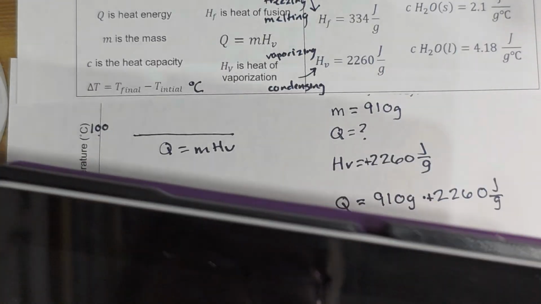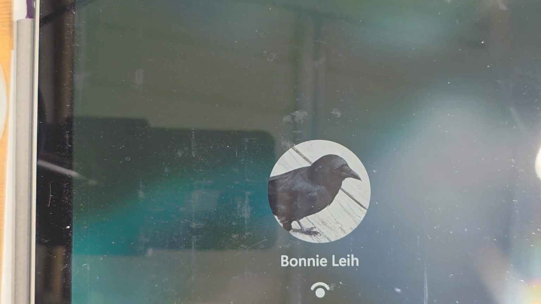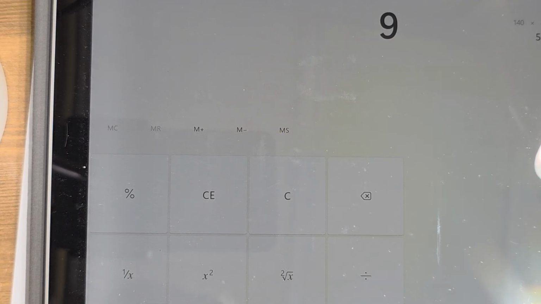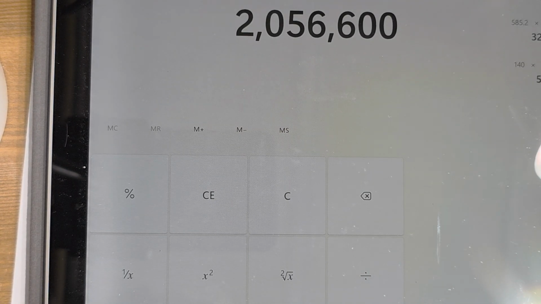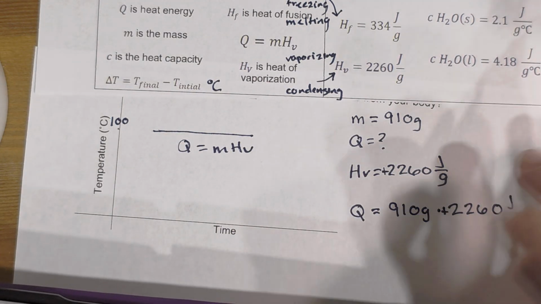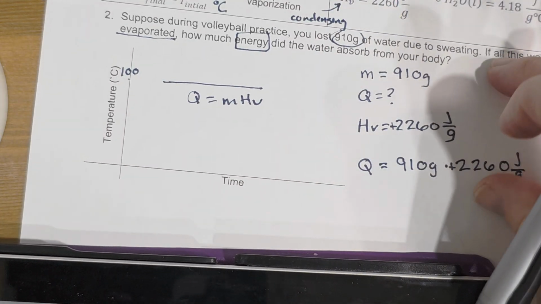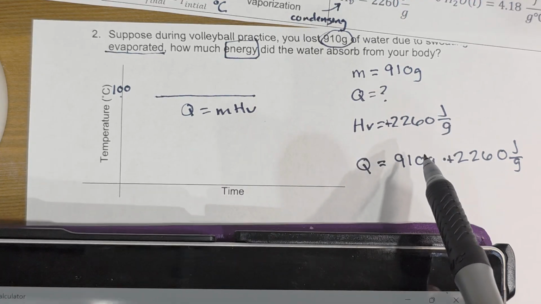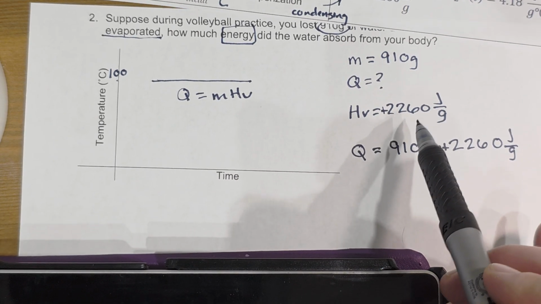Okay, now that I've done that, I'm going to come to my calculator. I'm going to put in 910 times 2260. And it's a big number. That makes sense. I'm making almost a kilogram of water into a gas, and each gram is 2,000.